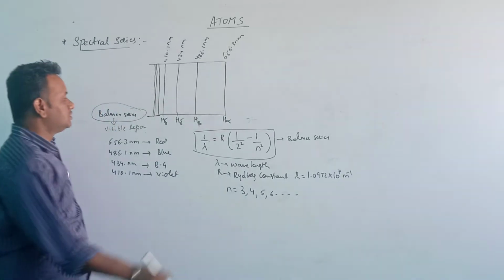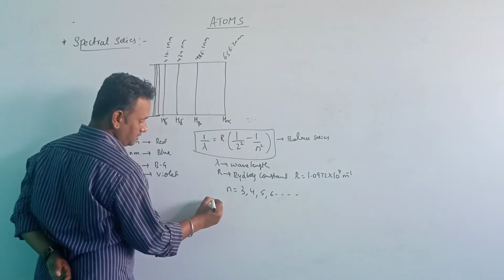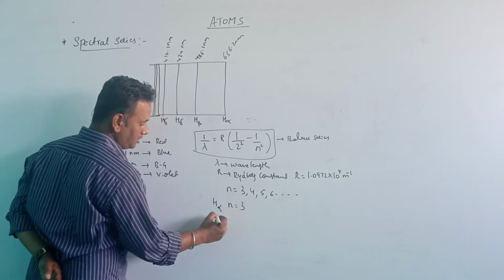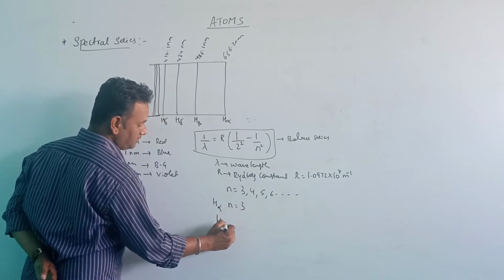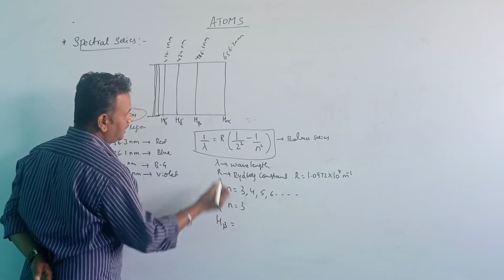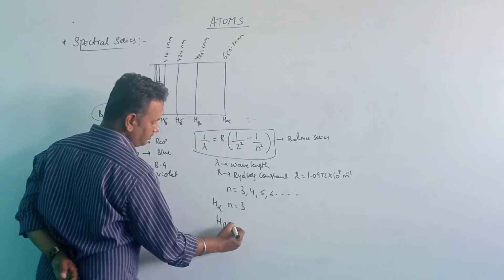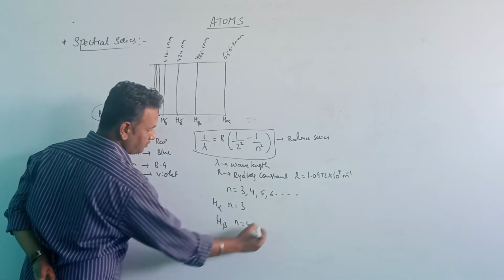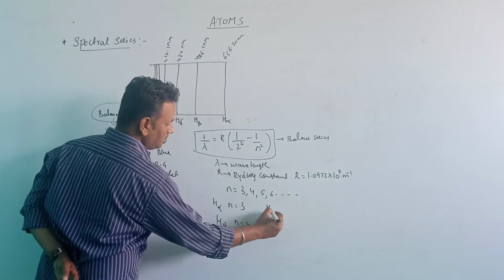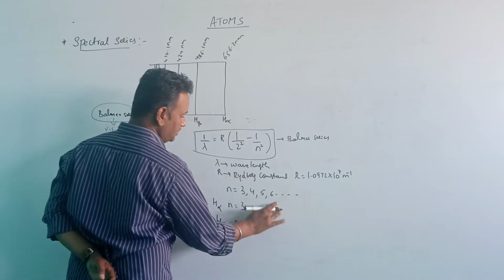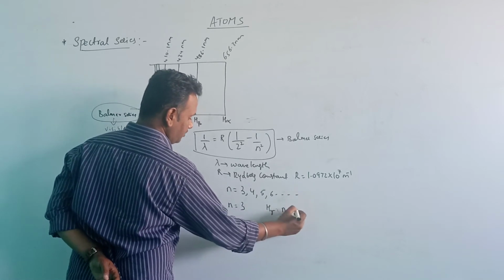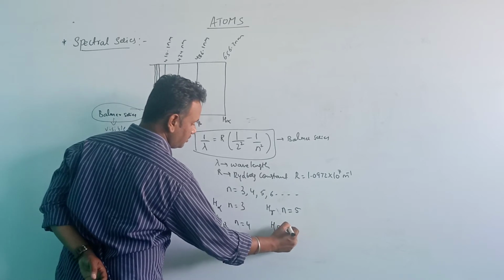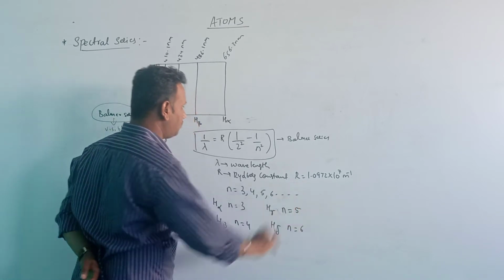For the first spectral line H alpha, n is equal to 3. For H beta, where H indicates hydrogen, n is equal to 4. For H gamma, n is equal to 5, and for H delta, n is equal to 6, and so on.